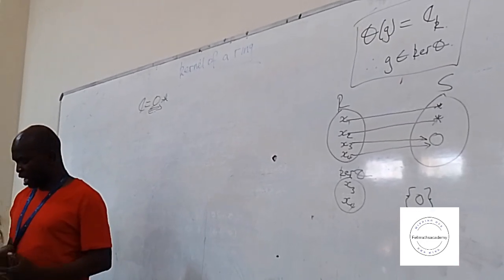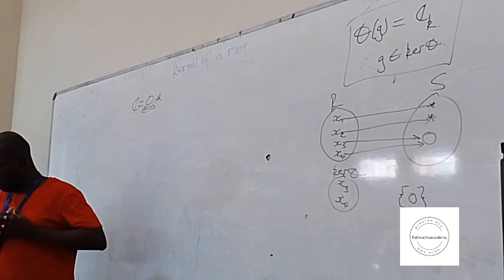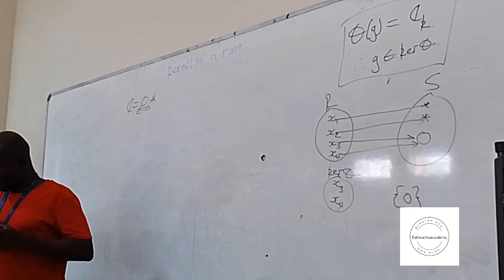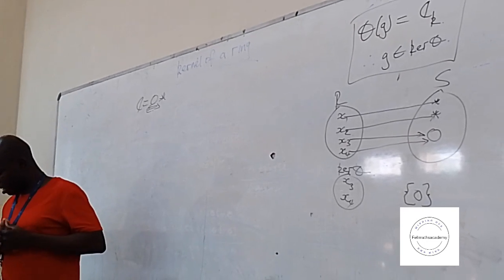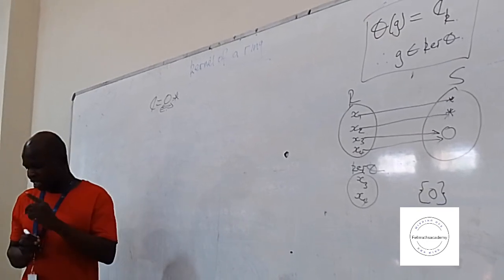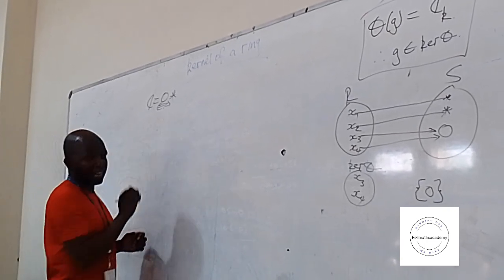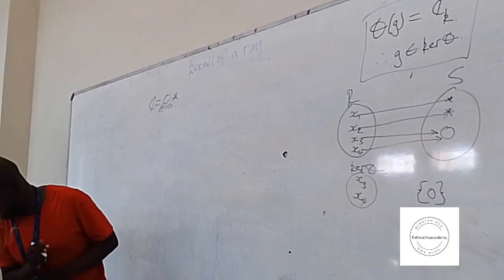So let theta from R to S be a ring homomorphism. The kernel of theta, say K, is given by, that is the definition now of the kernel of a ring.